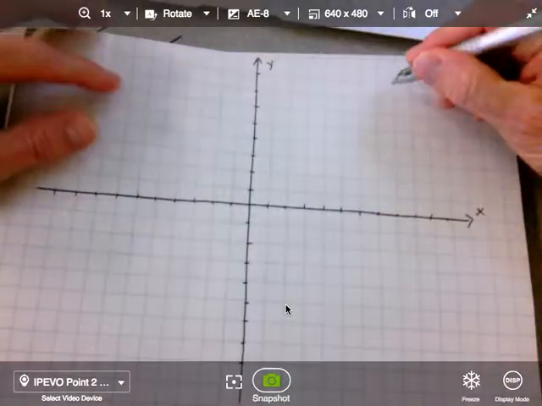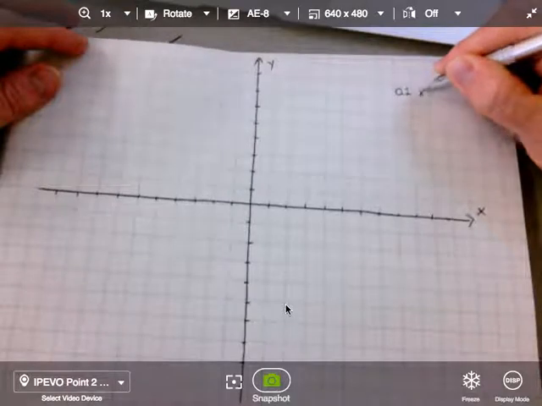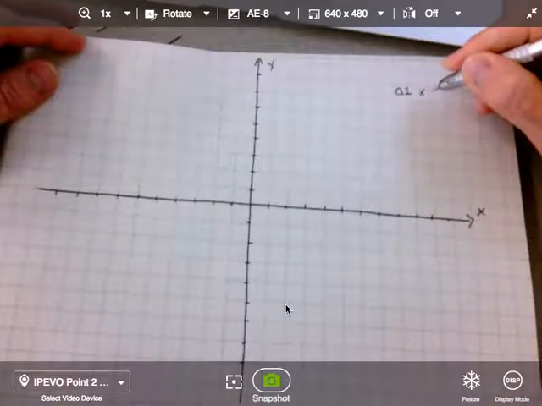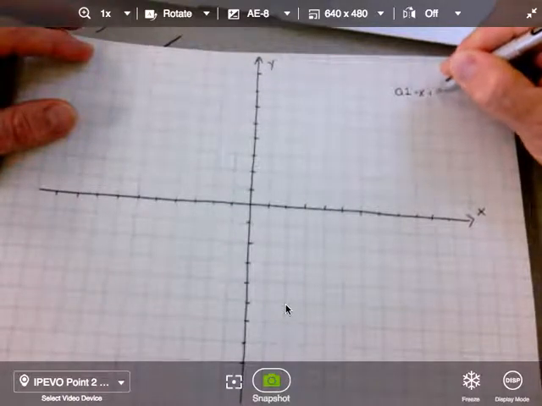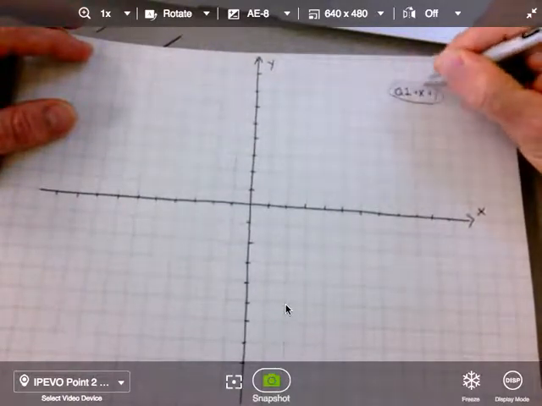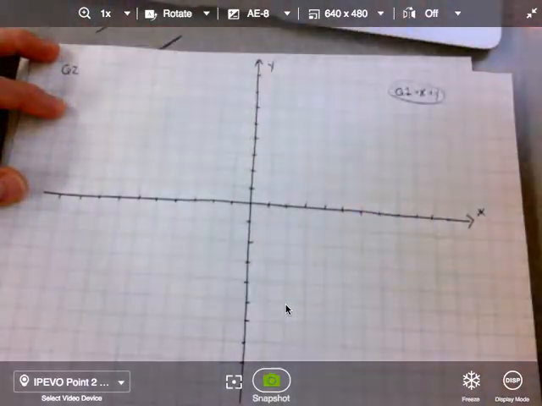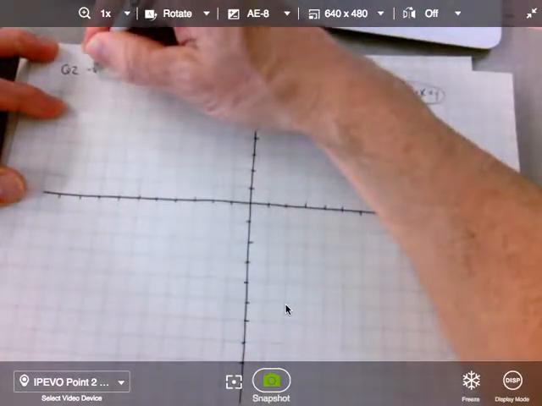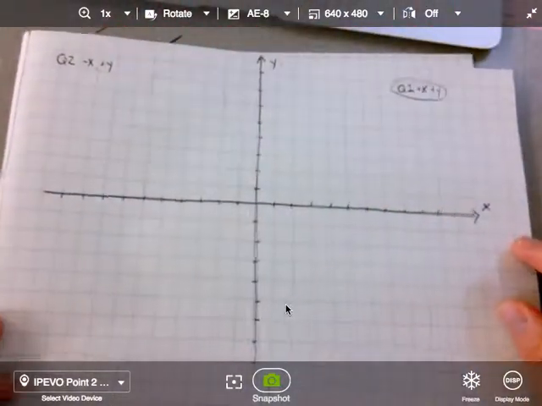You might recall that in quadrant 1, our x and y are both positive. All the coordinates in there are positive. So x is positive and y is positive. And then in quadrant 2, we remember that x is negative and y is positive. Again, this is a review for you.